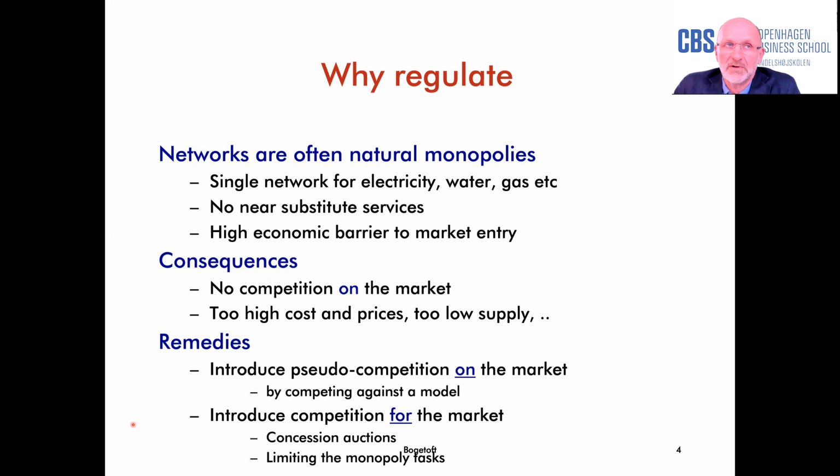Water in particular is really hard to substitute with anything else. It also involves a lot of high cost to install these networks, so there are high economic barriers to market entry. All of these things mean that these networks in all countries constitute natural monopolies, which has the consequence that they are not subject to any kind of competition on the market.